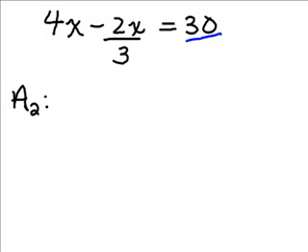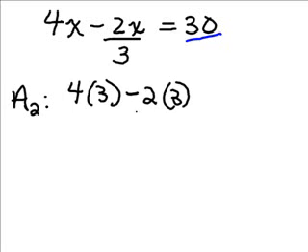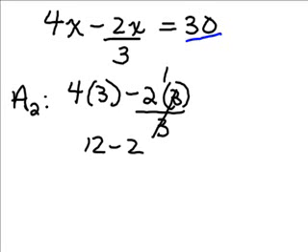So if I plug 3 into this equation, I have 4 times 3 minus 2 times 3 all divided by 3. 4 times 3 is 12. And 3 goes into 3 once, so that's 2 times 1, that's 2. So 12 minus 2 is equal to 10. Not 30. And again, it's a deficiency. It's too little.